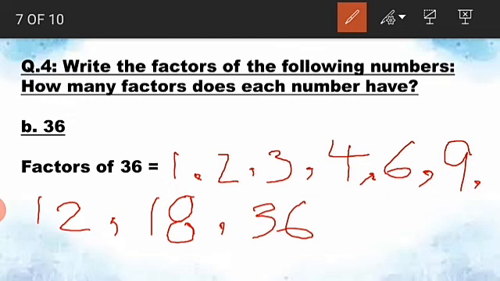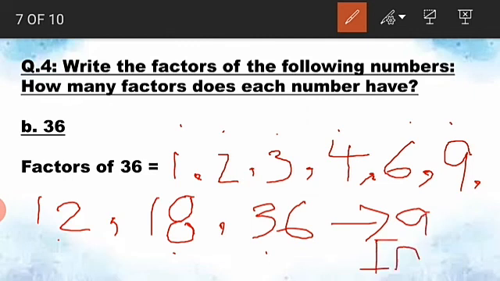So class, how many factors do we have? 1, 2, 3, 4, 5, 6, 7, 8, 9. We have 9 factors. We will write 9 factors.